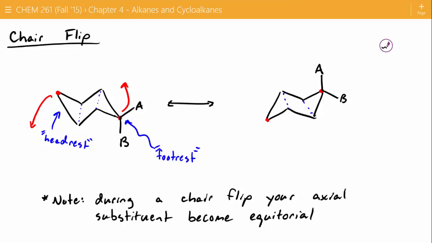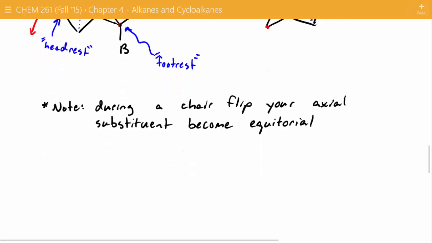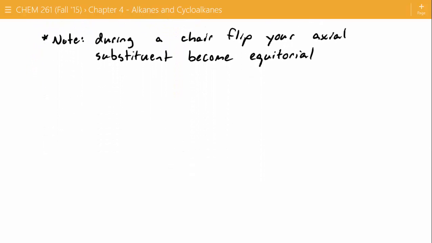All right, so now we need to know how to interconvert between our two-dimensional bond line formula and this more three-dimensional perspective for our bond line chair. So let's practice this a little bit. How do we go from a 2D bond line to a chair?